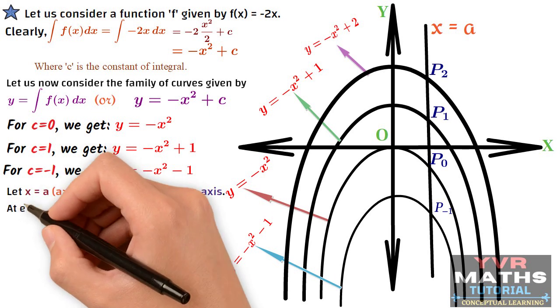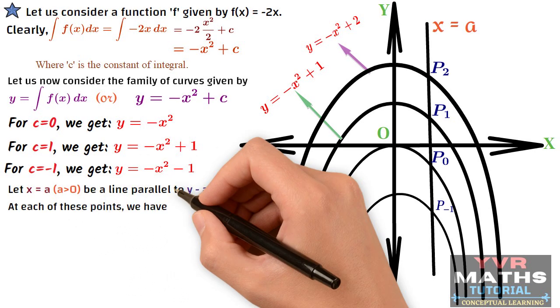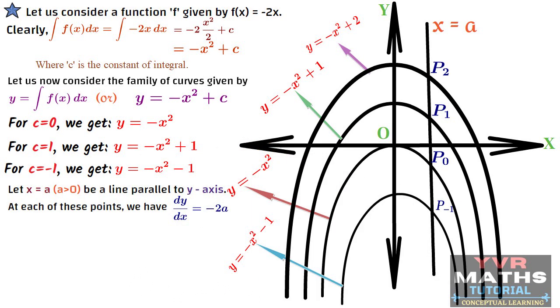So at each of these points we have dy by dx is equal to minus 2a. That is, the slopes of the tangents to the parabolas at p0, p1, p2 and p minus 1 are the same. What can we say from this? That is, the tangents at p2, p1, p0, p minus 1 are parallel.